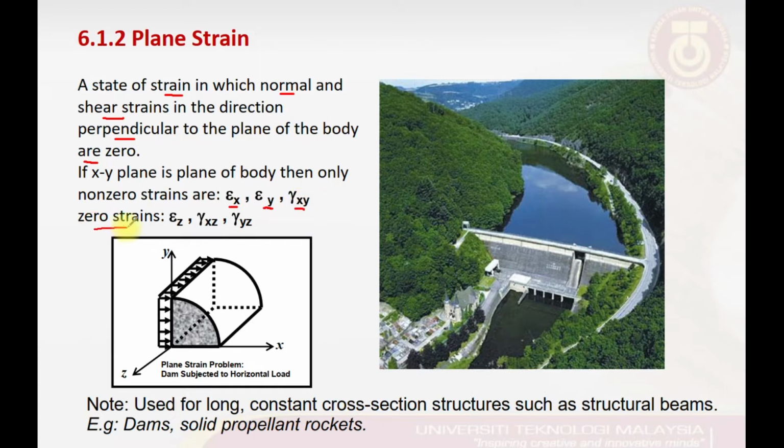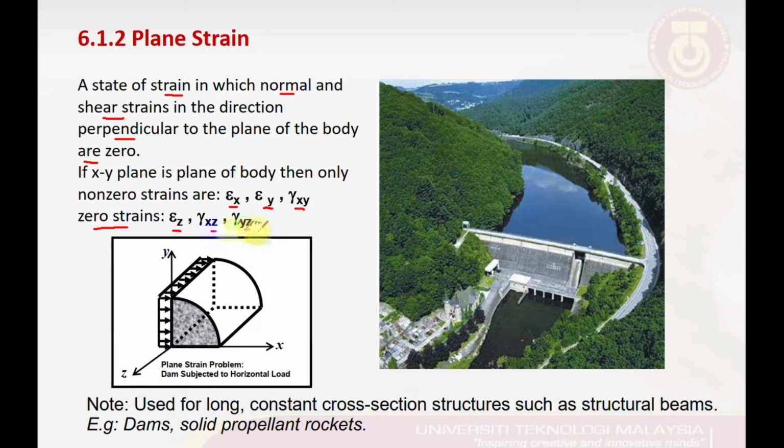However, the zero strains, which are the strains in the thickness direction, are the normal strain in the z direction, and the shear strains in the xz and yz directions.